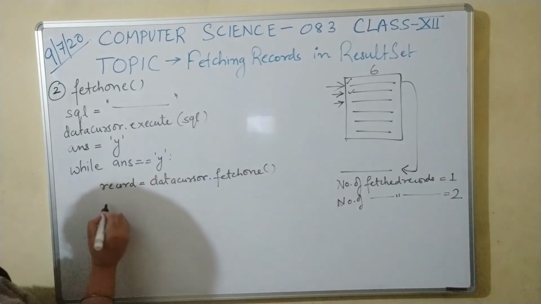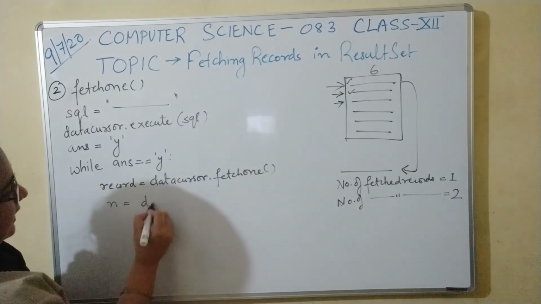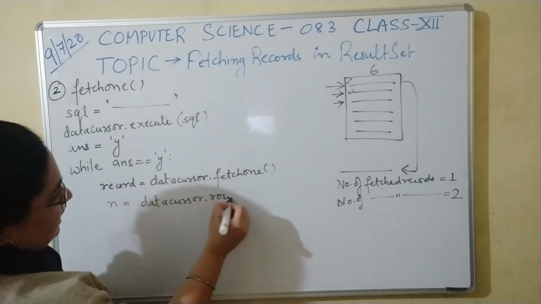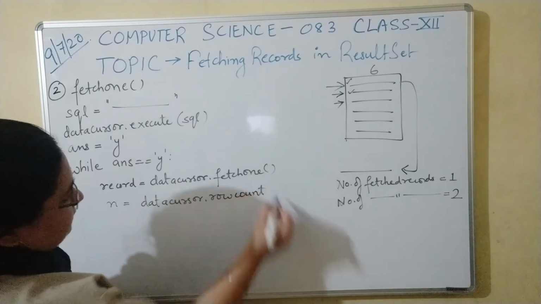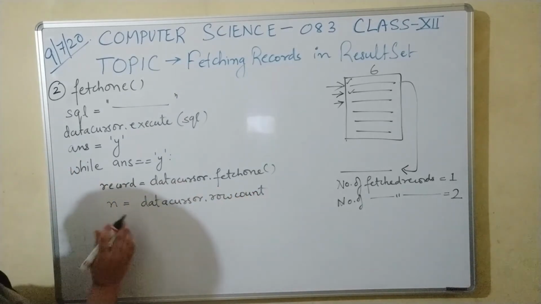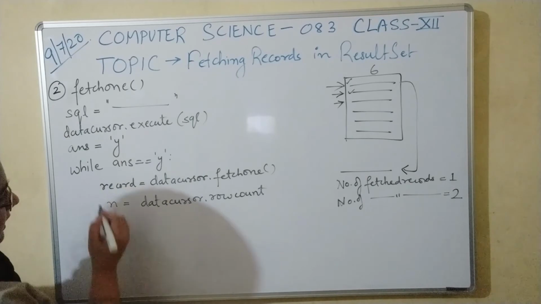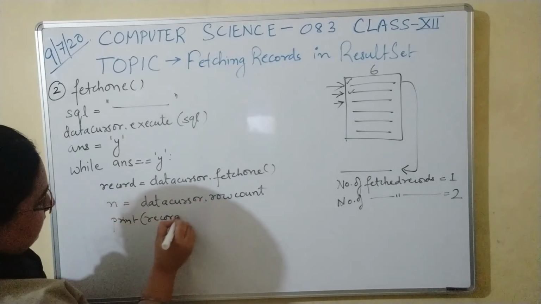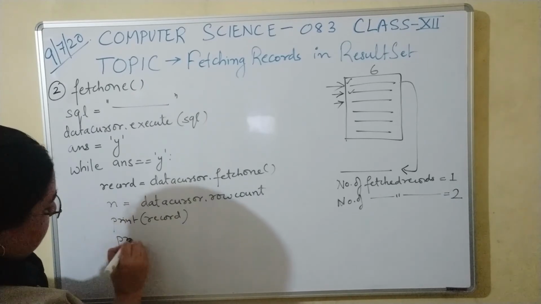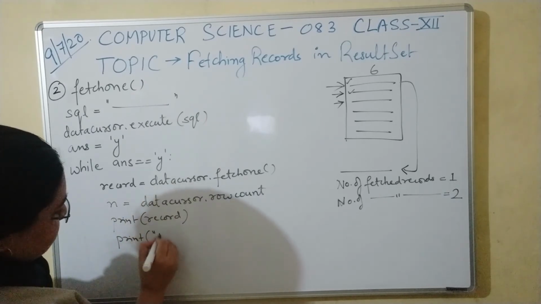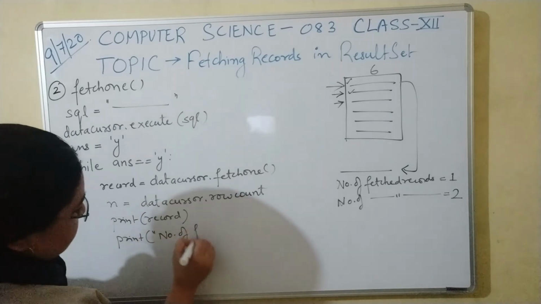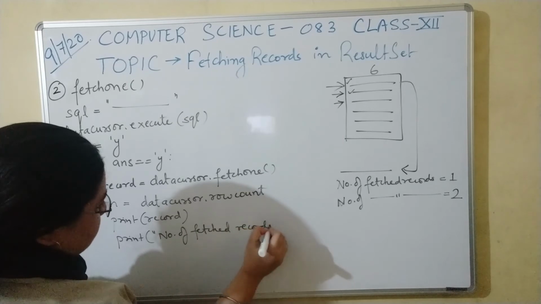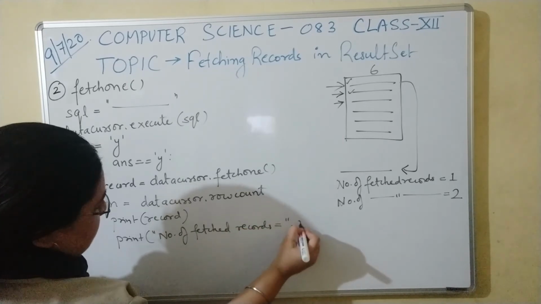So one record will be fetched, n equals data cursor dot rowcount. So the number of rows returned will be 1, and here you can print the record, and along with the record you can also print the number of records, that is n.